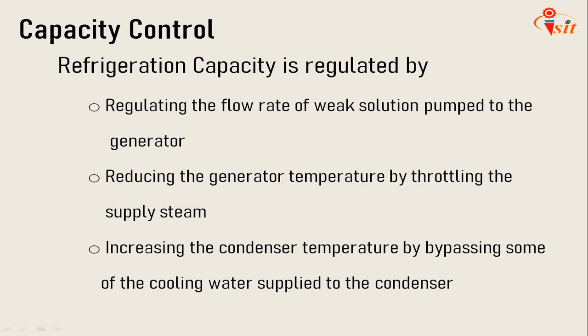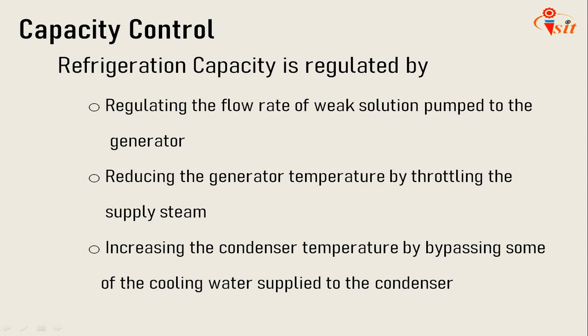Normally under both full as well as part loads, the outlet temperature of chilled water is maintained at a near constant value. The refrigeration capacity is then regulated by the following, which I have listed. First, regulating the flow of weak solution pumped to the generator.